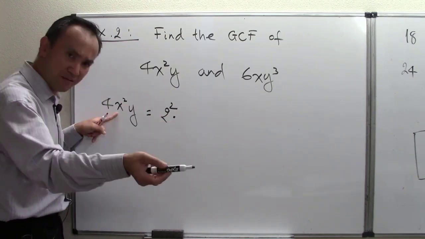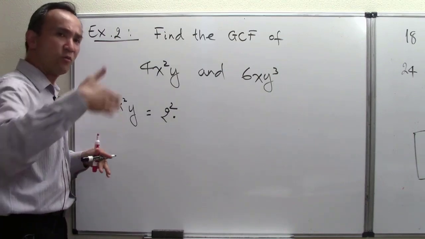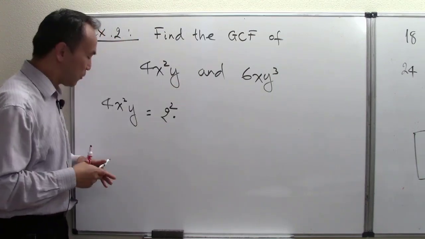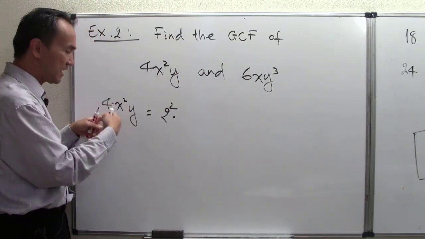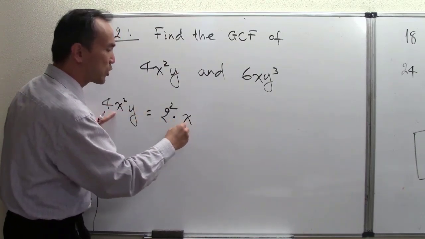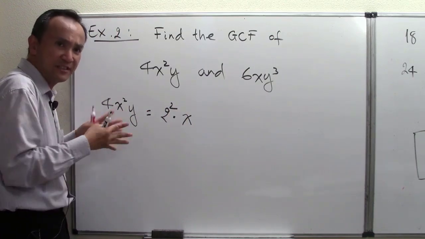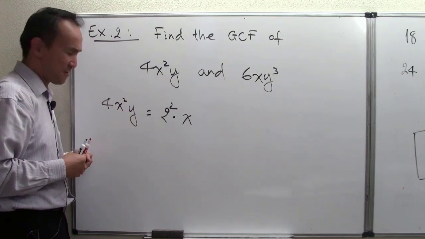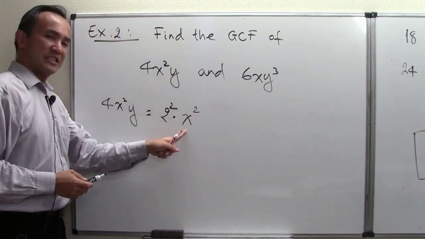The only thing different from example 1 and from basic arithmetic is that x is a variable, it could be a prime or a composite, but in the end it doesn't matter. We can purposely treat the x as a prime factor. So it's x squared.